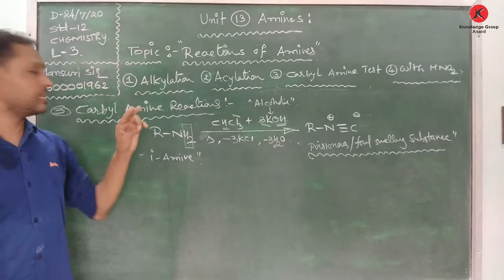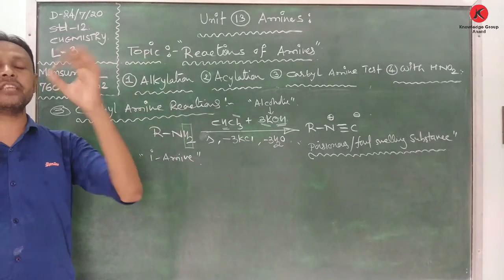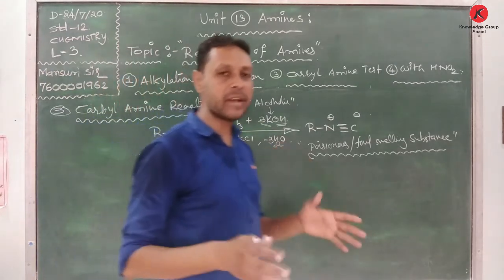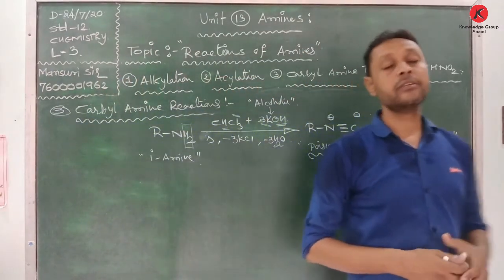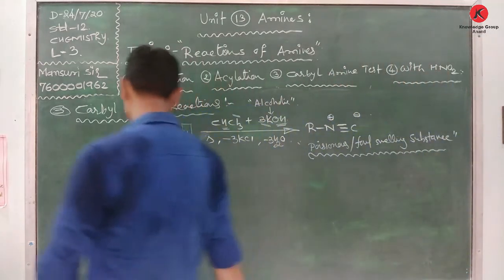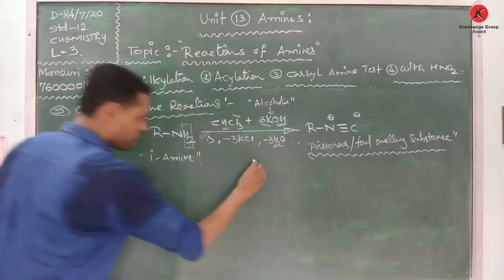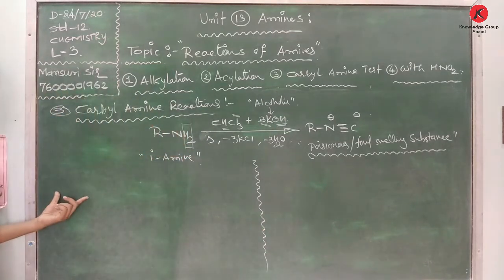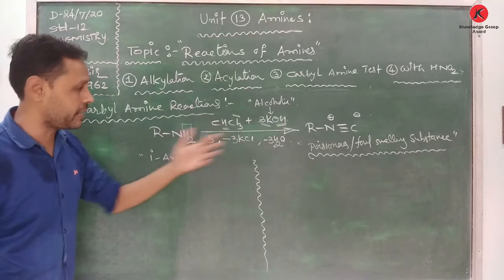The reaction is known as the carbylamine test. Now in this reaction, only primary amines give the test. Secondary and tertiary amines do not give this test. So we can put one example of an aliphatic amine and one example of an aromatic amine.